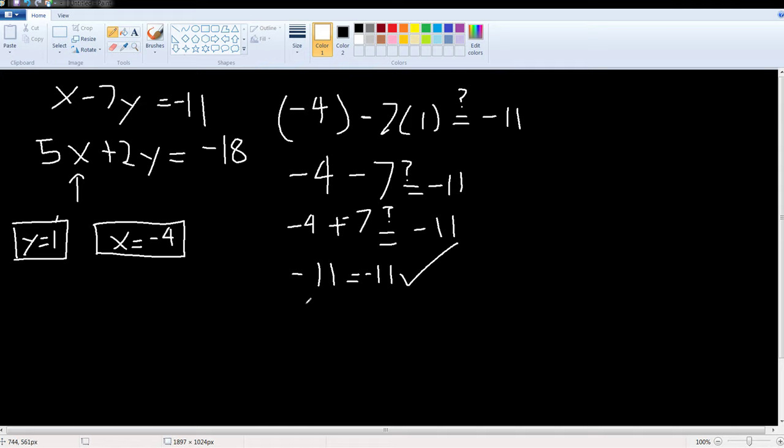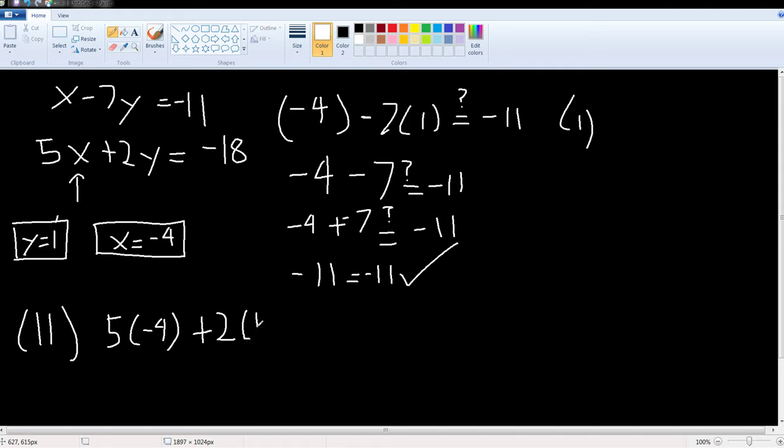Now let's check the second equation. So this is equation 1. Equation 2 tells us 5x plus 2y equals -18. So we have 5 times -4, since x is equal to -4, plus 2 times 1, since y is equal to 1. This should equal -18, right? Put a question mark.